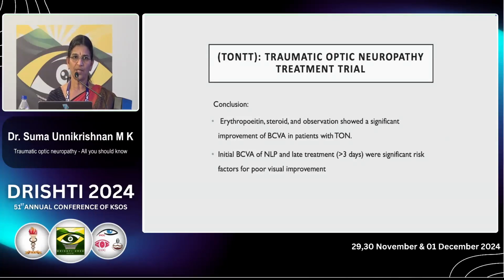This is also a randomized controlled study, in which they compared the efficacy of erythropoietin, levodopa, steroid and observation. They concluded that these three, erythropoietin, steroid and observation, showed a significant improvement of visual acuity in patients with TON, and an initial visual acuity of no perception of light and late treatment of more than 3 days were significant risk factors for poor visual improvement.